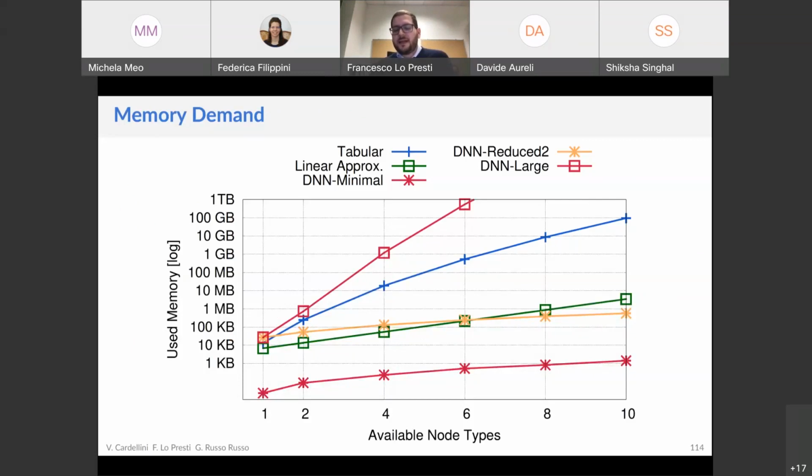So that kind of encoding is not good, clearly. But all the other strategies we have presented lead to significant memory savings compared to the tabular approach. So we can easily handle 10 different kinds of computing nodes with a few megabytes of memory. That's what we expect.